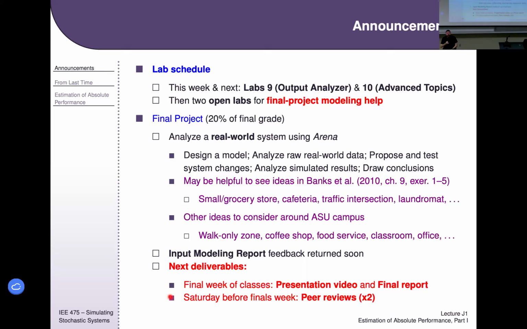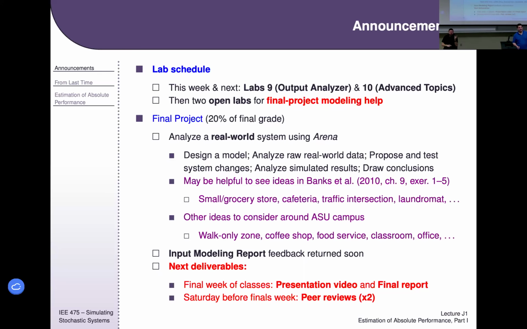So your final project, I'm moving through the input modeling report. So hopefully you get feedback from that soon. I might just start releasing feedback as I grade rather than waiting to release them all at once just to get that back sooner. And then the next deliverables are in the final week of classes. Your presentation video and your final report are both due the Wednesday of the last full week of classes before finals week.